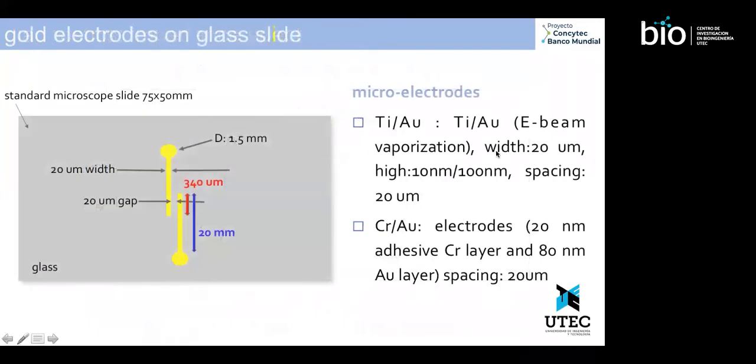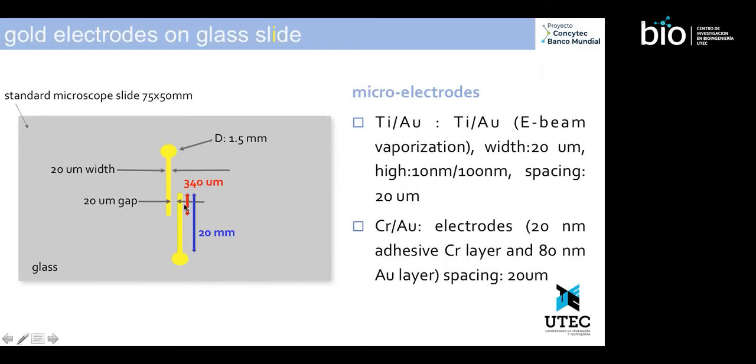Just to give you an idea how big or small this is. A collaborator of ours in China made this on a standard microscope slide, which is a 75 by 50 millimeter slide.